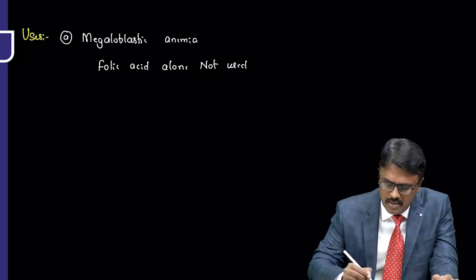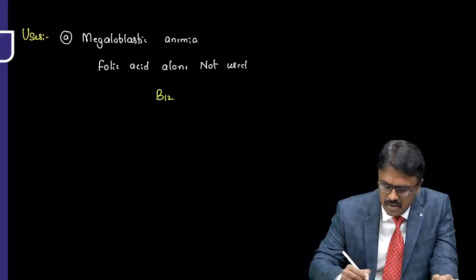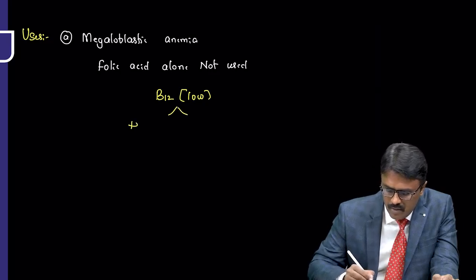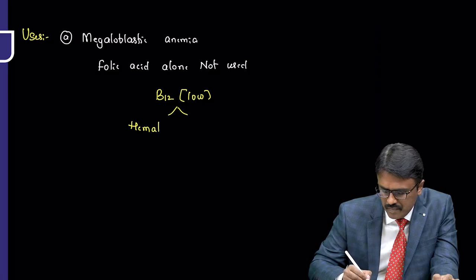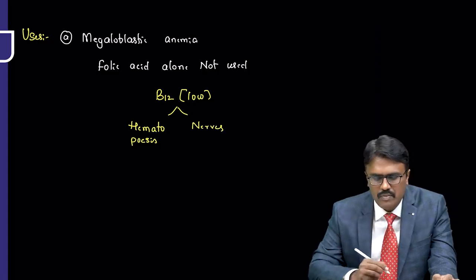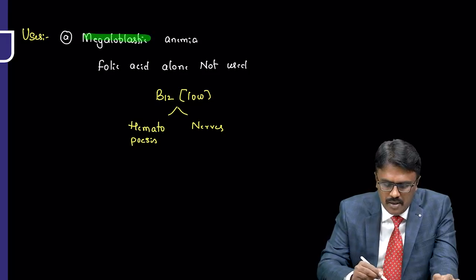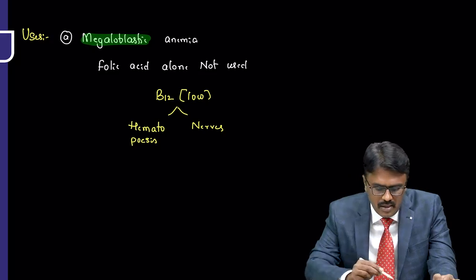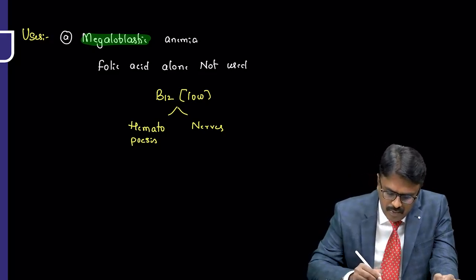Now let us imagine that the patient has B12 deficiency. B12 is low. And we know that B12 is required for both hematopoiesis and for nerves. So if a patient has megaloblastic anemia and I don't know whether it is because of folic acid or B12 deficiency, if I give only folic acid, what happens?